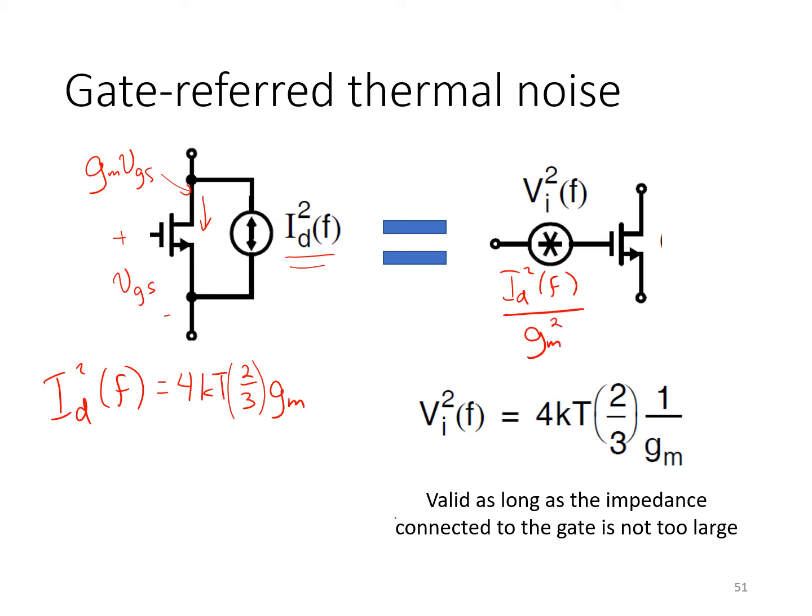Now, if we're talking about the power spectral density of the thermal noise drain current, then it has units of amps squared per hertz, and so we should divide by gm squared to get the power spectral density of the voltage noise source, Vi squared. So writing the expression for Vi squared, now we see that the small signal transconductance of the transistor is in the denominator.